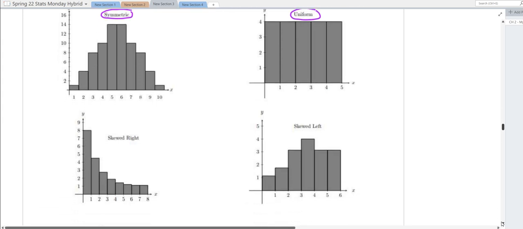So if you look at these examples here, the tail of this data, if I draw a curve, goes to the right. So this is our skewed right distribution. If I look at this one, I've got a majority of data here, and the tail, the smaller part of the distribution, is left. So when we look at the distributions for skewing left and right, you're looking at the tail where the smaller part of the data is.